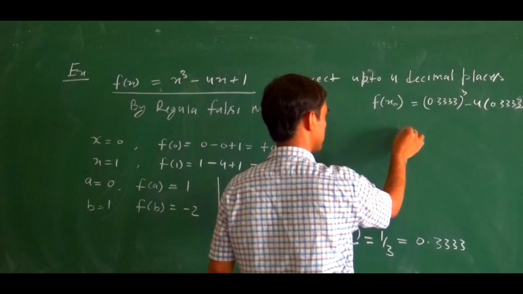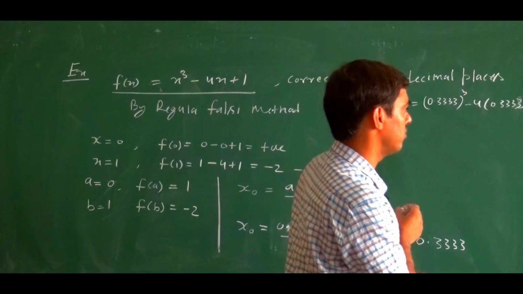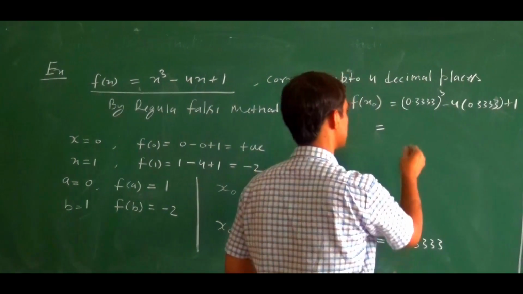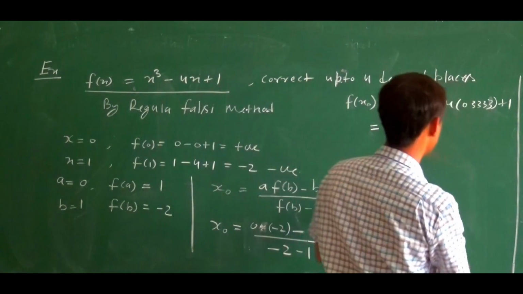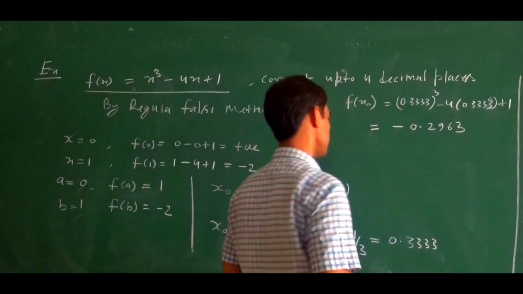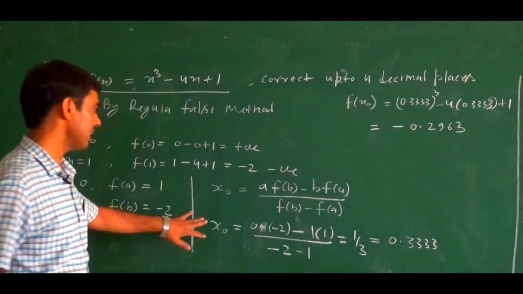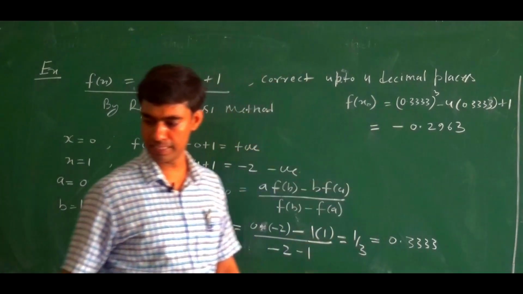We have already calculated the value for this, which is minus 0.2963. So at x0, the value of the function is minus 0.2963.